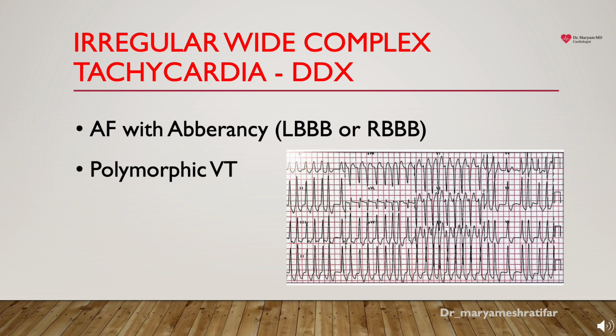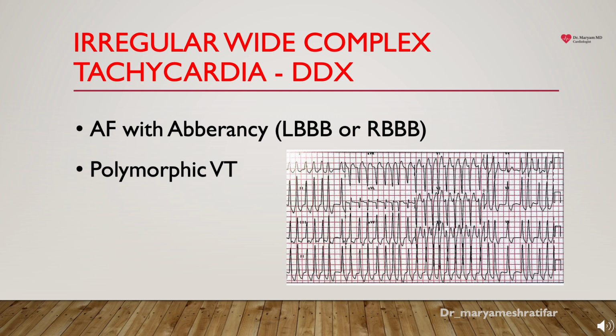In the absence of a baseline ECG, polymorphic VT should be suspected when the QRS morphology is extremely variable and exaggerated. It is also important to remember that polymorphic VT is usually not a sustained rhythm. It either spontaneously converts to sinus rhythm or rapidly deteriorates into ventricular fibrillation. Considering all these points, this diagnosis is also less likely.